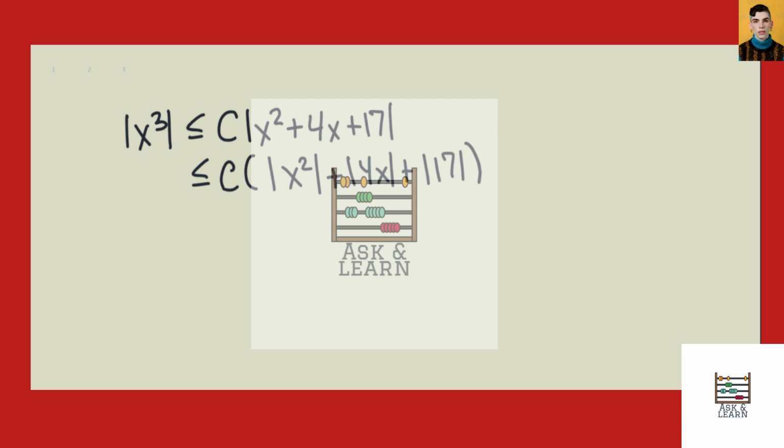Well, this is just equal to c times x squared plus 4x plus 17.